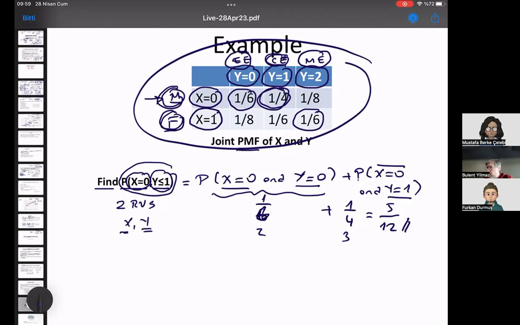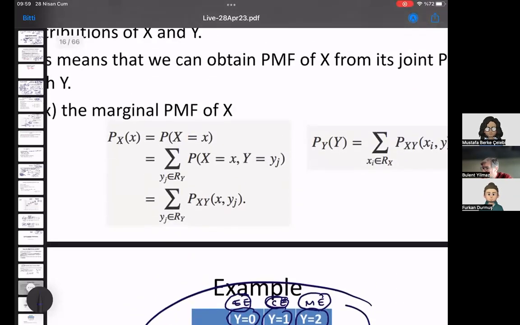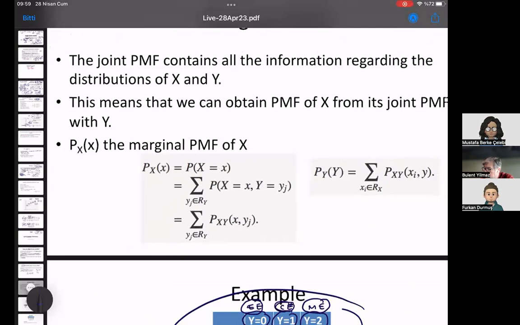Okay, if I want to tell you one other concept which is called marginal PMF, then I'm going to say, what is the probability of X?